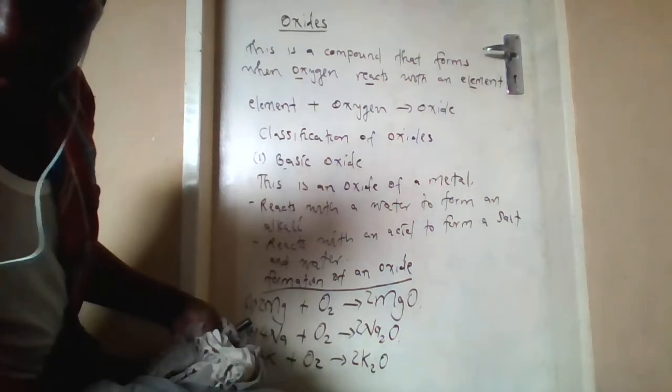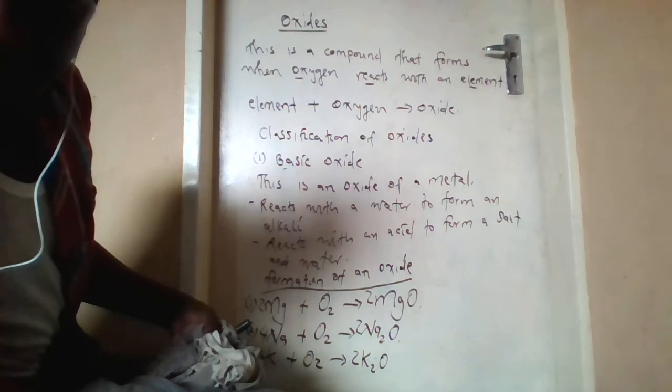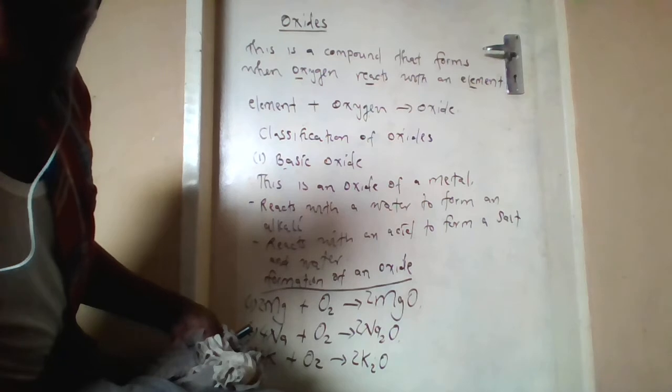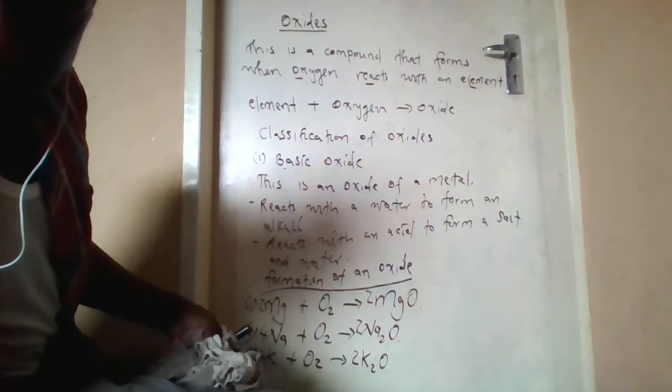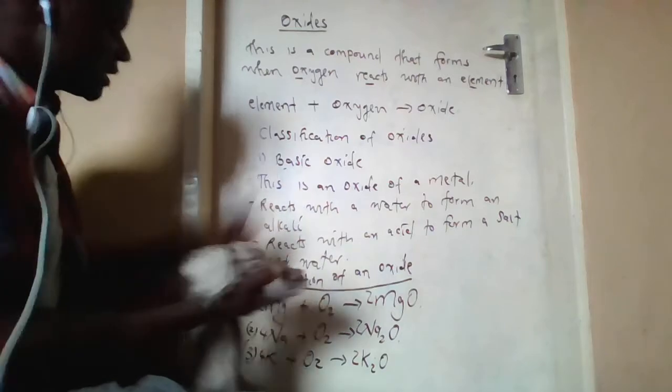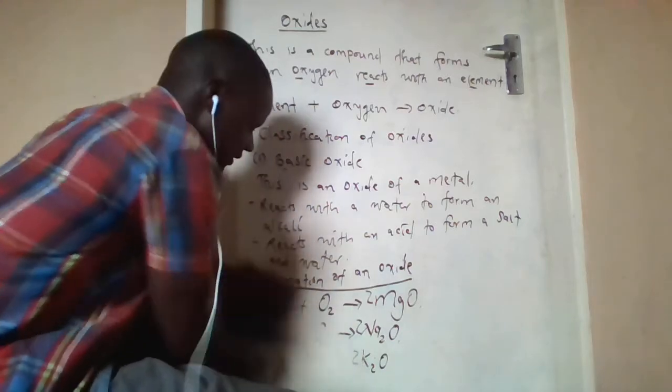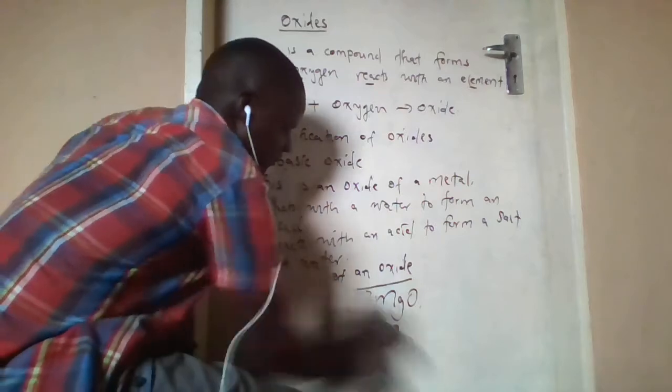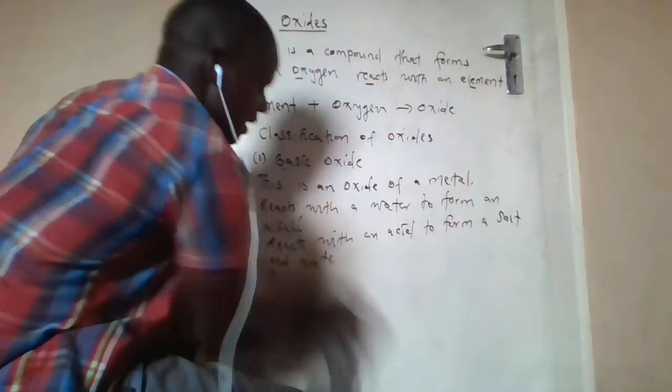Now, having said this, we've looked at one oxide, which is a basic oxide. Let's look at another oxide. If this is basic, let's look at an acidic oxide. What is an acidic oxide? What is an example?